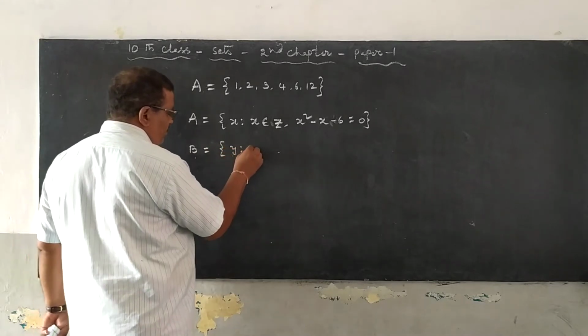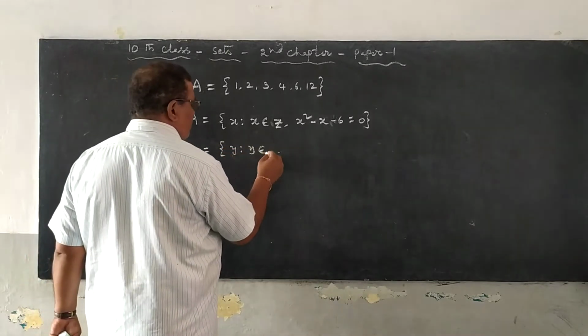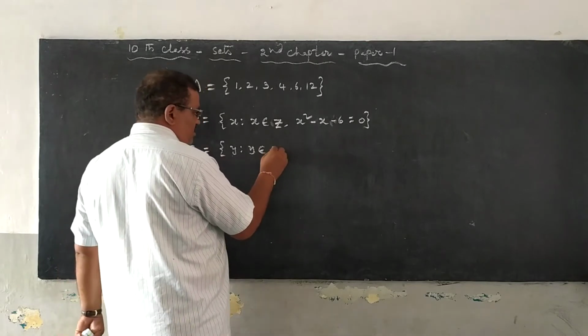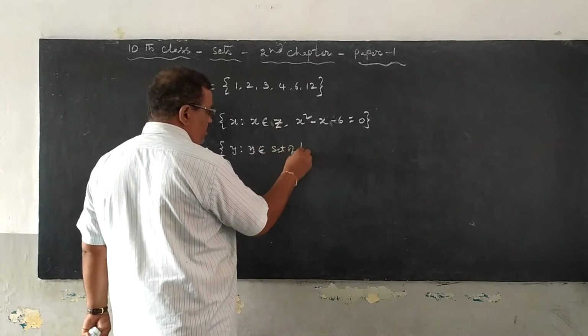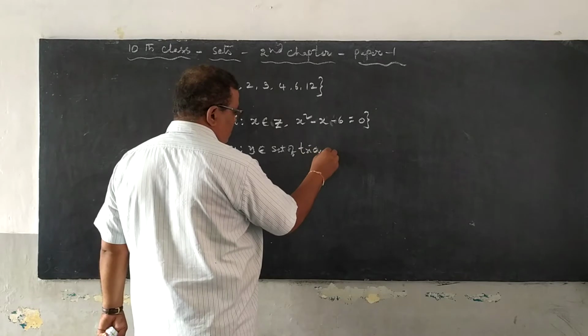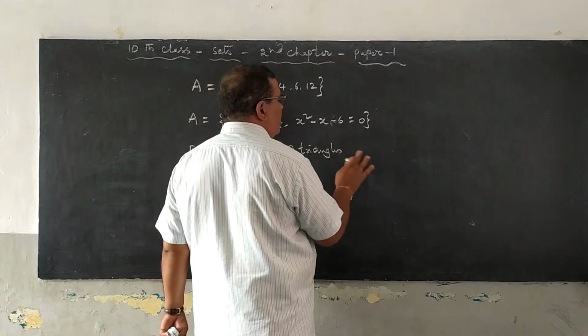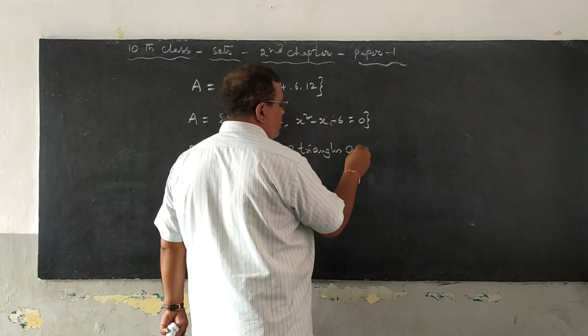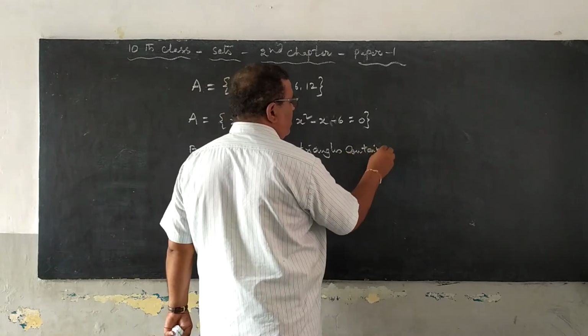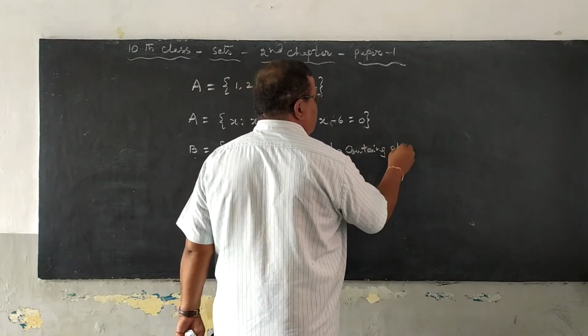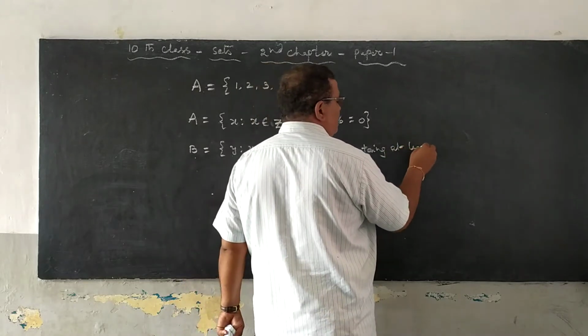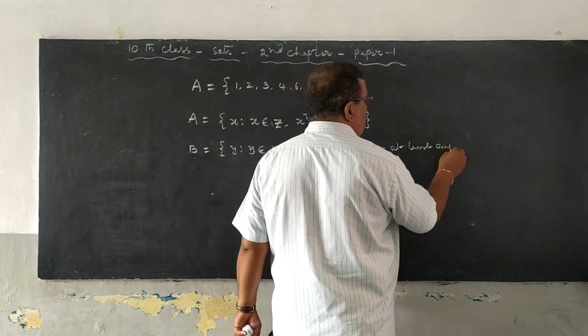y such that y belongs to the set of triangles containing at least two angles that are equal.